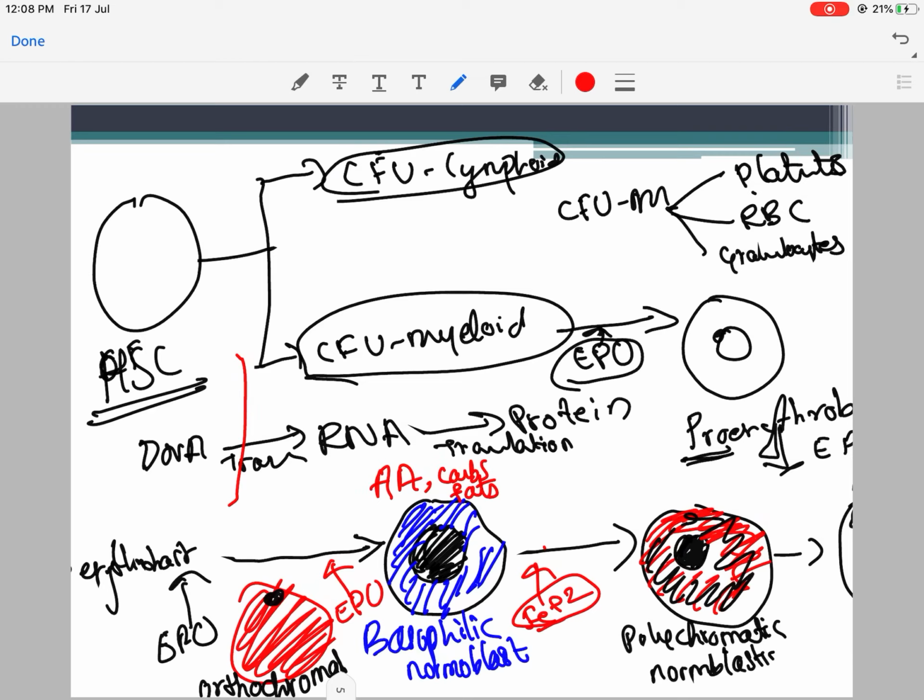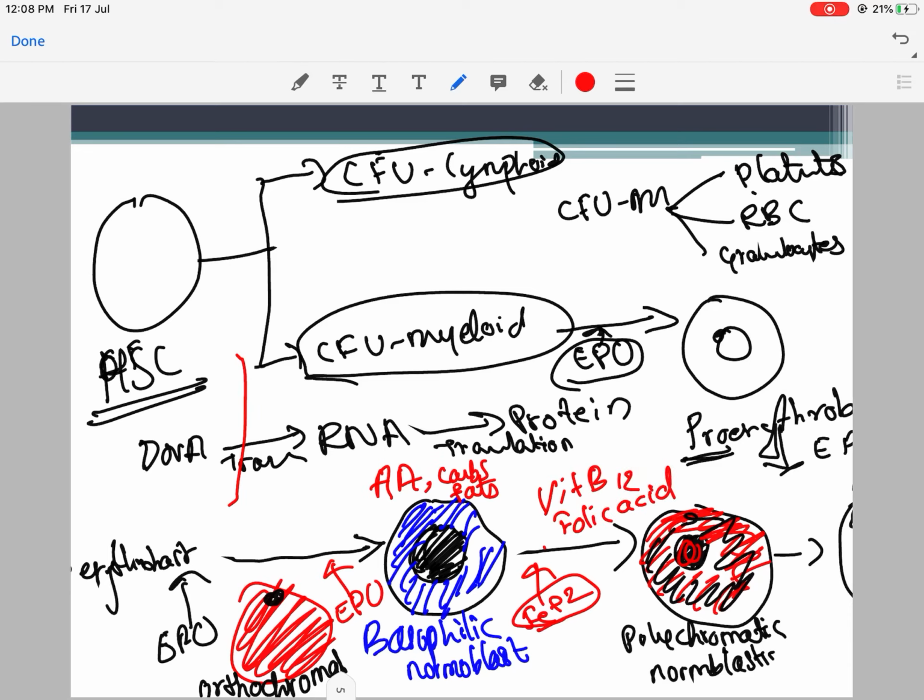The other thing is that if you notice, as the nucleus matures, it goes on reducing in size. It becomes smaller. Here it becomes completely eccentric and small and then extruded. So for nuclear maturation you require vitamin B12 and folic acid.